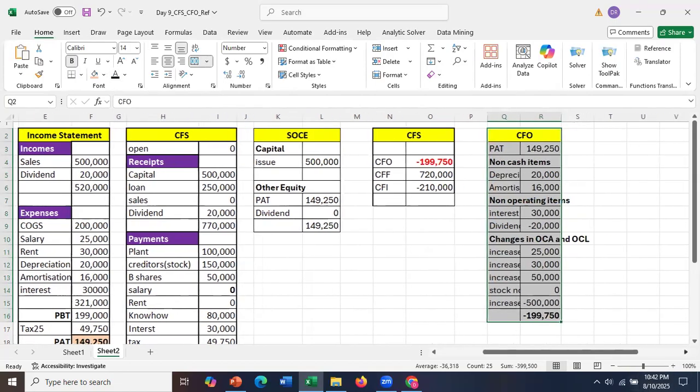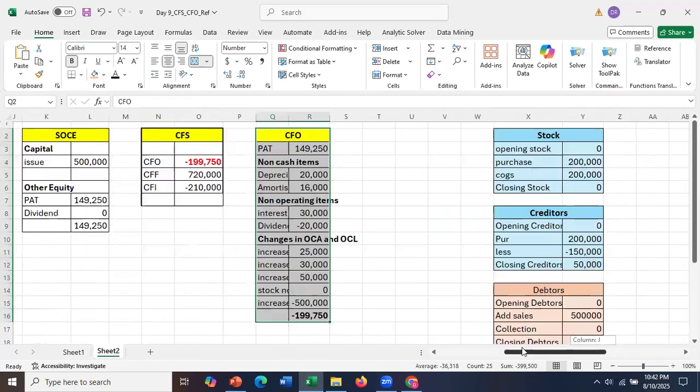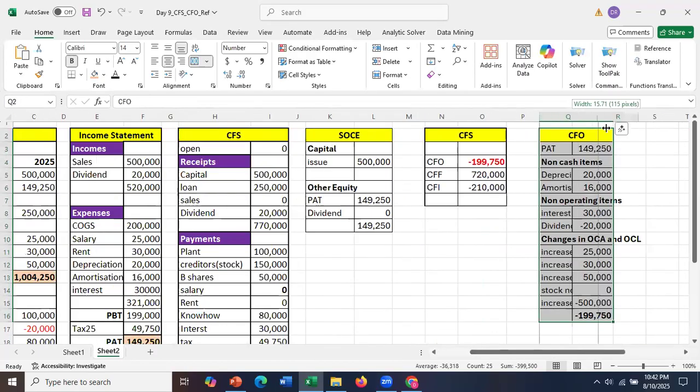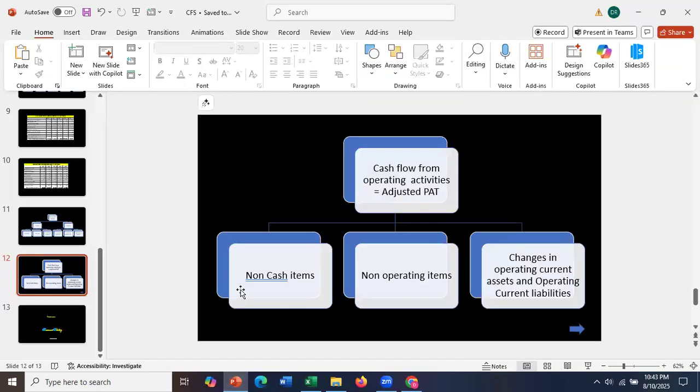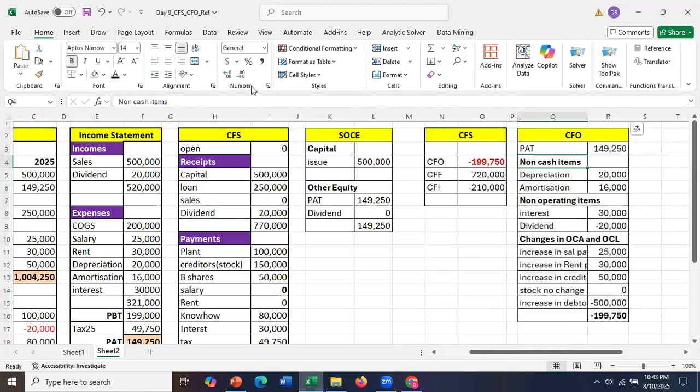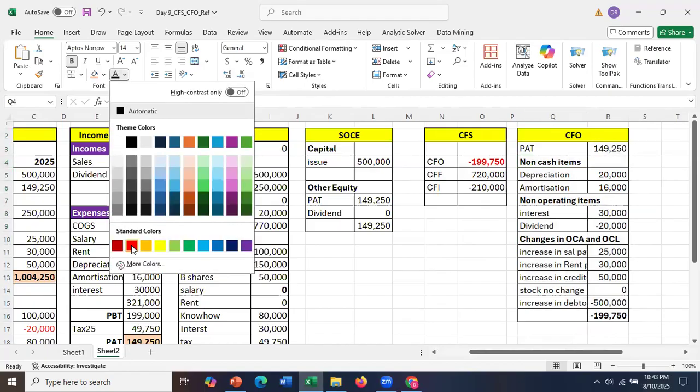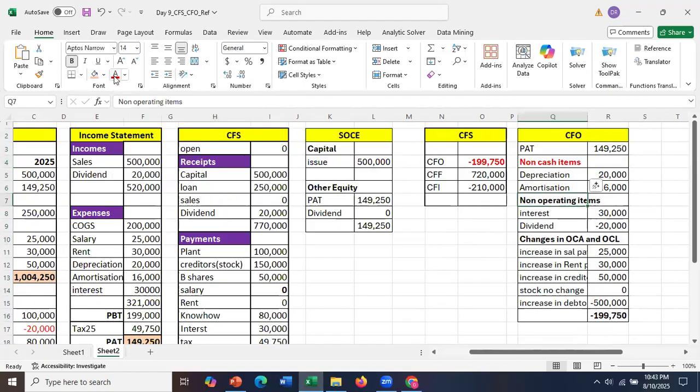We know that CFO will not be equal to PAT because of three important reasons, which we already mentioned here: non-cash items, non-operating items, and changes in operating current assets and current liabilities.